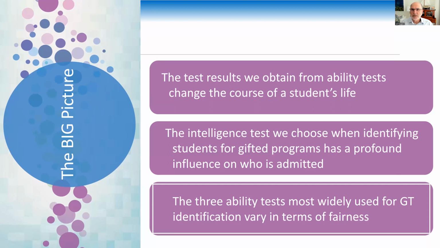And oftentimes, the ability tests that we use will influence whether or not the student is identified. And interestingly, the three most widely used tests of ability in the gifted field really vary in terms of their fairness. And I'm going to explain that as we go through today.